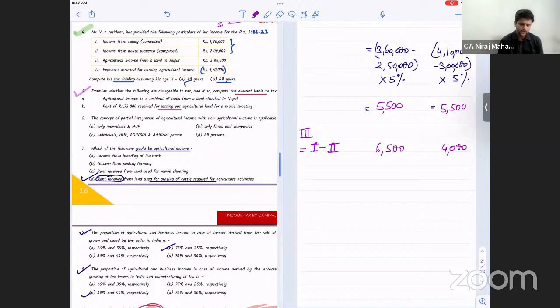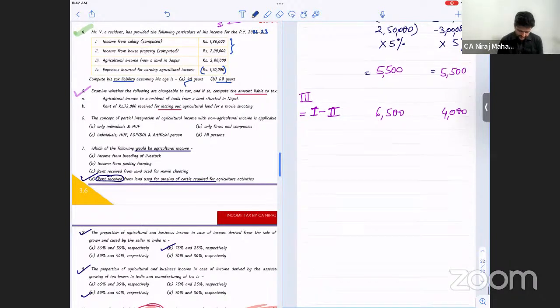You can add surcharge or reduce rebate or do nothing. Will you give rebate? Yes, we will give rebate. Because my NTI is less than 5 lakhs, he is resident and individual. Under section 87A, the rebate is allowed up to rupees 12,500.